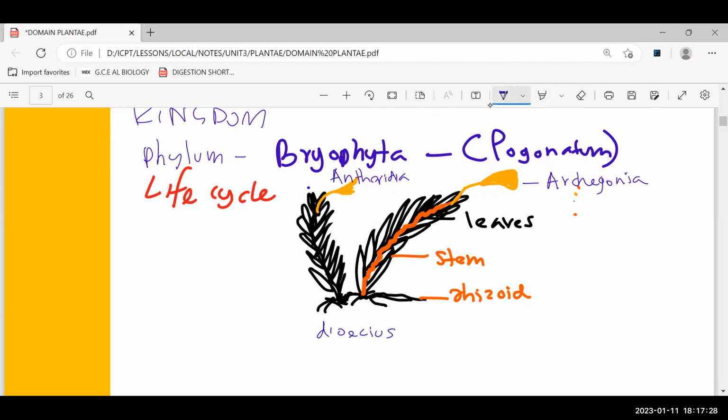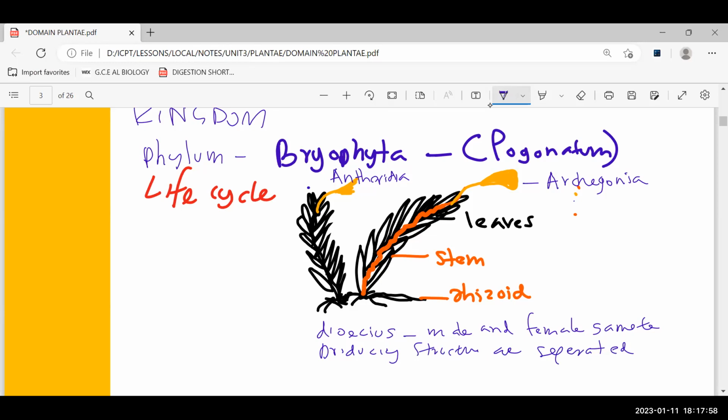Okay, what is the meaning of the term dioecious? The male and female gamete producing structures are separated.